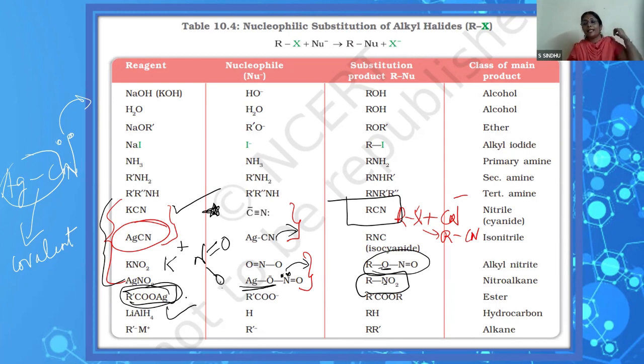Then we can also prepare higher alkanes. How is that possible? RX, how can I convert it to RR?